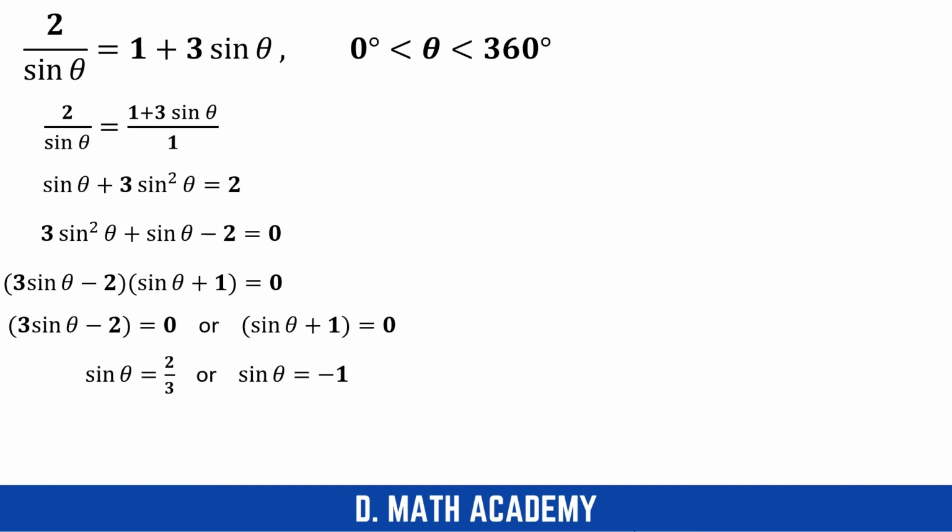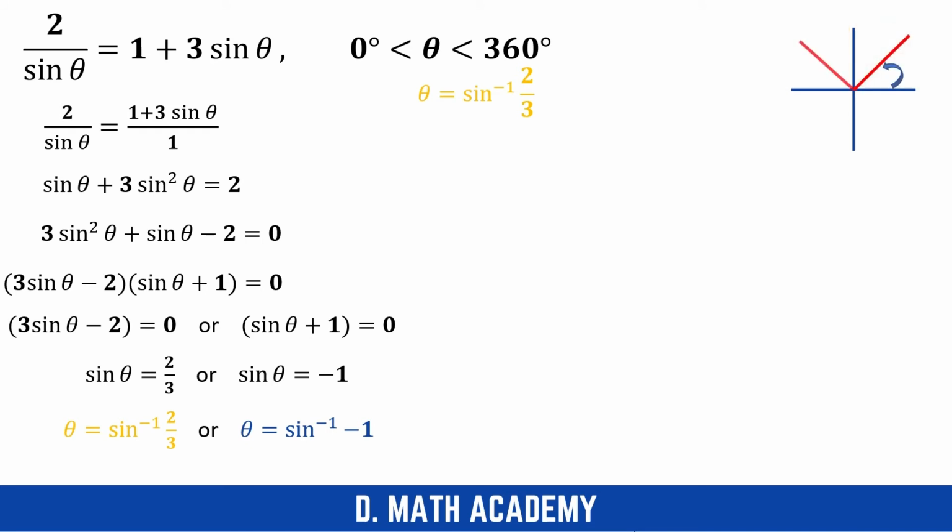So after analyzing that, I then key in sine inverse 2 over 3 or sine inverse negative 1. By keying into a calculator, you will get your results as 41.8, and for the second result, it will be 180 minus 41.8, which is 138.2.